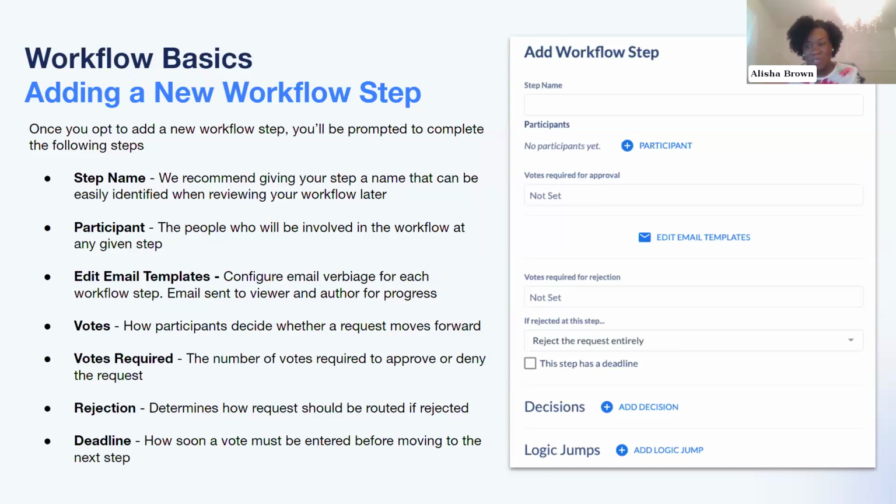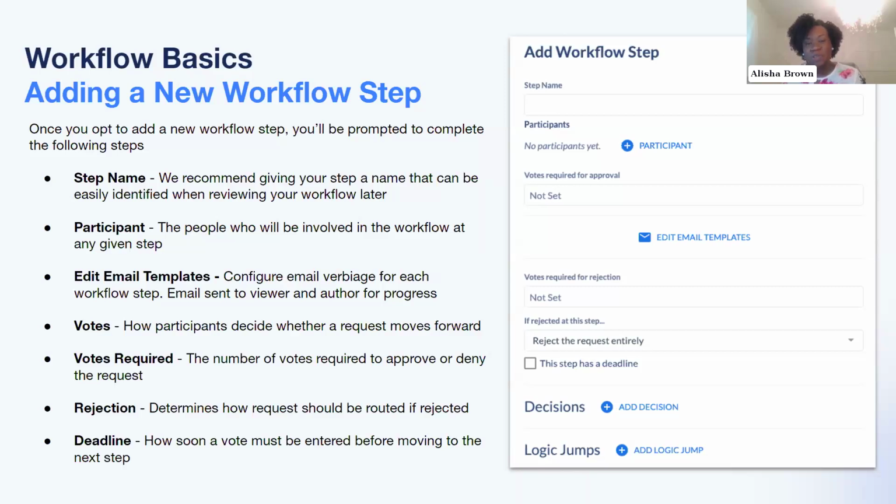Step 1 might end up changing to step 3, and also there's not really a way to identify what is happening at that step. So we suggest that you are as detailed as possible in letting your team know and letting us know what the actual step is for. So think of event director approval or dean approval. Something that can quickly give you an idea of what's happening at that step. And if it needs to be moved around or changed, then you'll recognize what it is immediately.